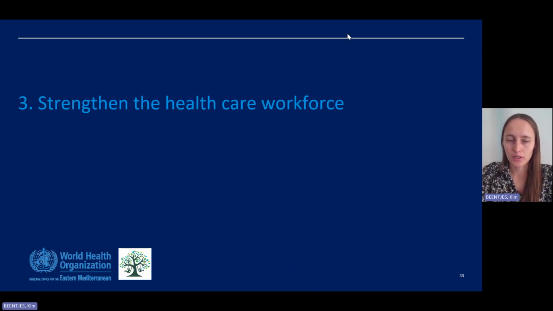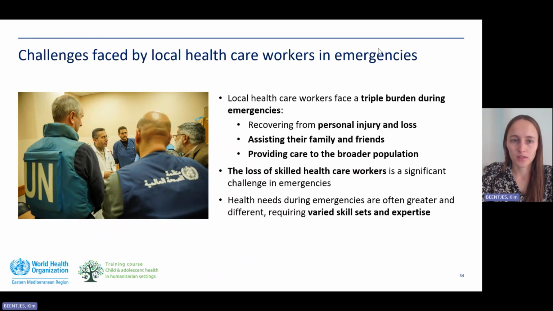Then we're moving on to the next part of Module 3, which is strengthening the healthcare workforce. There's a lot of challenges that are faced by local healthcare workers in emergencies. Local healthcare workers have a triple burden during emergencies.